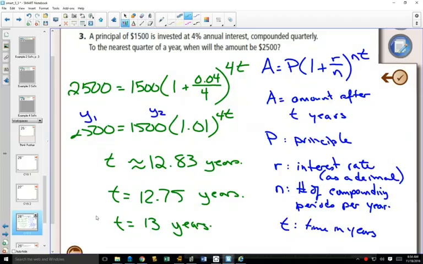So which one is right? Sometimes you have to be careful. In this one I think they would accept both. Sometimes the question will say, to the nearest quarter of the year, when will it first be over $2,500? And then the 13 years would be the right answer. So you have to be a little bit careful in the question.